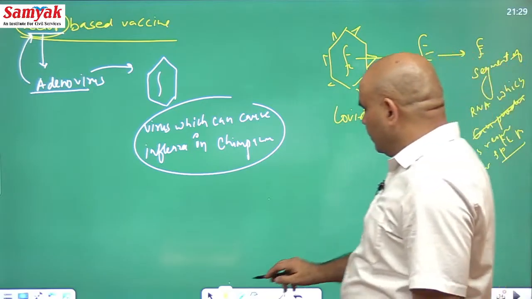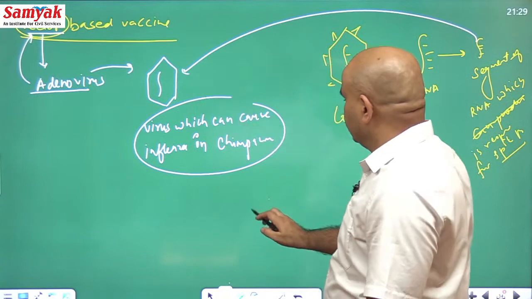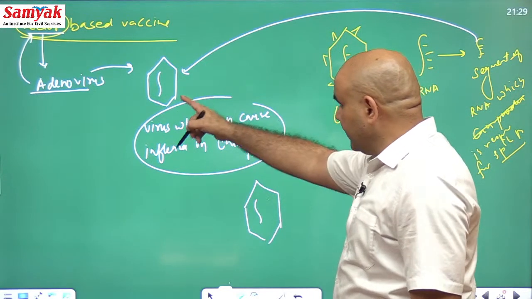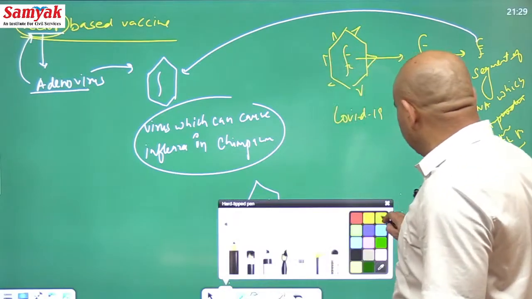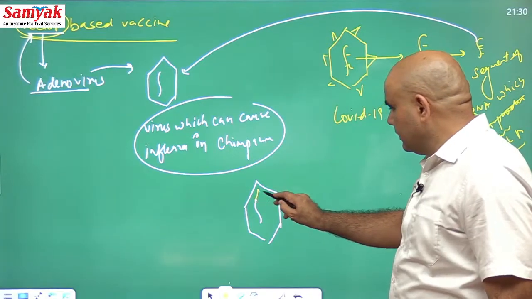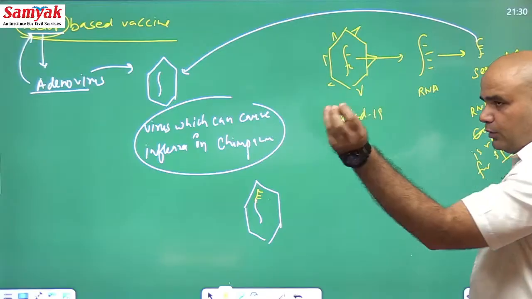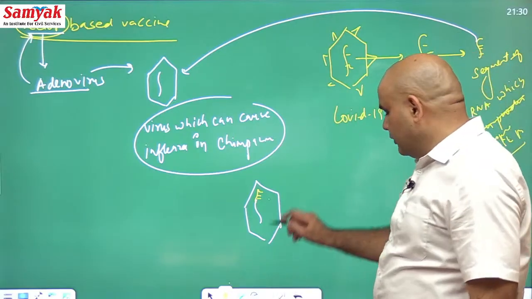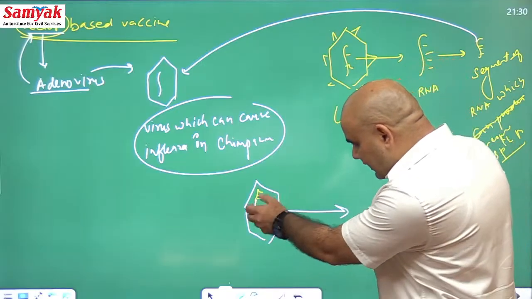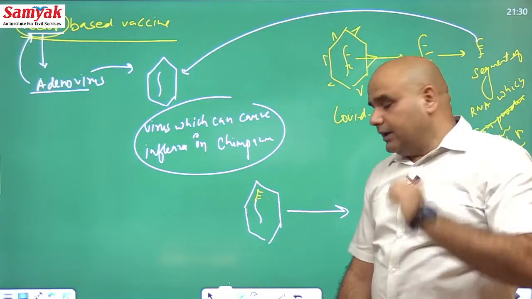Now we will inject this into this. This white portion is the RNA of the adenovirus, and with this you attach the segment of viral RNA responsible for producing spike proteins. As a result, the adenovirus system will be hijacked by this segment of RNA of COVID-19.